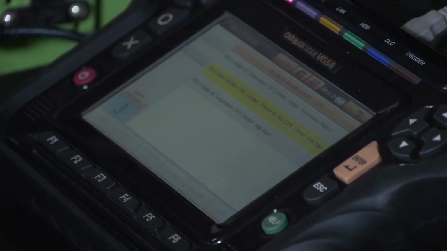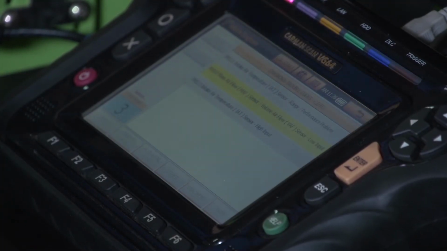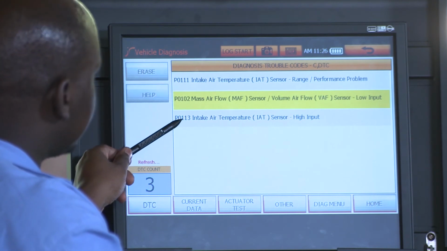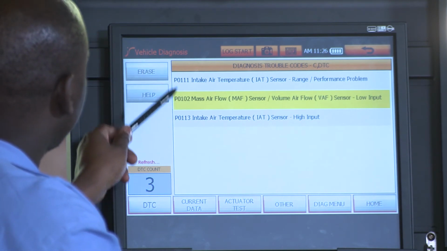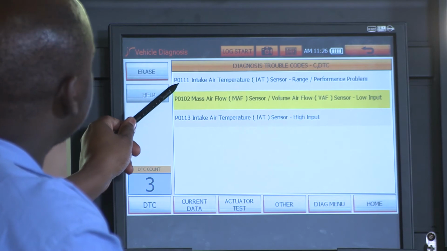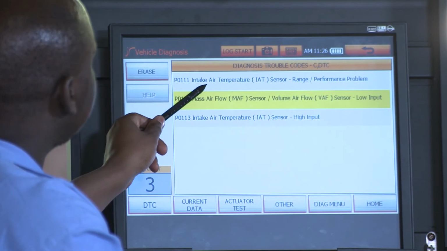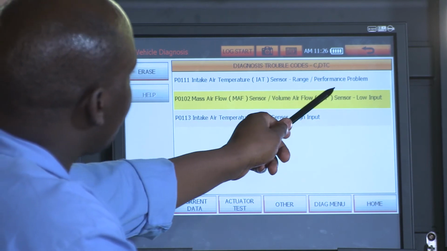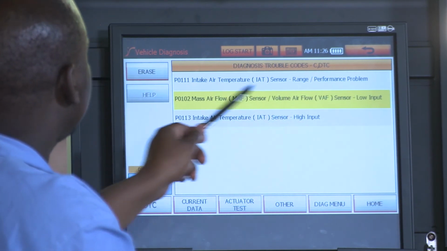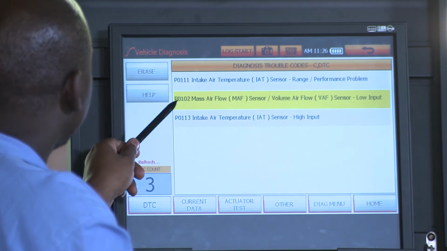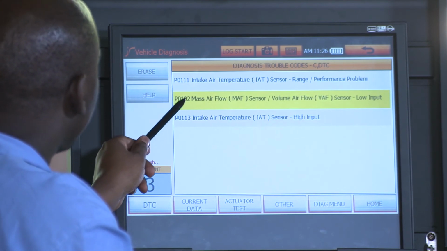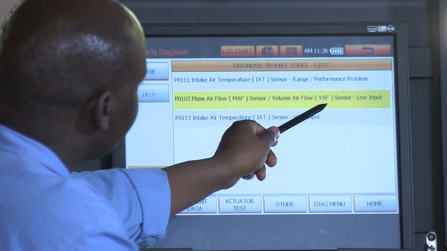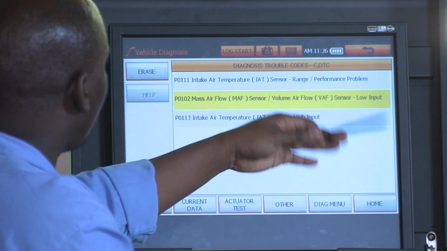So now we know why the check engine light is on. We have 3 trouble codes. The first one is P0111, intake air temperature sensor, range or performance problem. The second one is P0102, mass airflow sensor, low input.